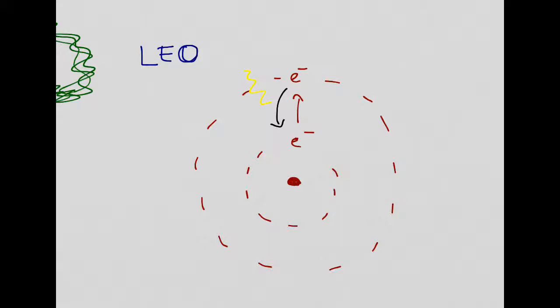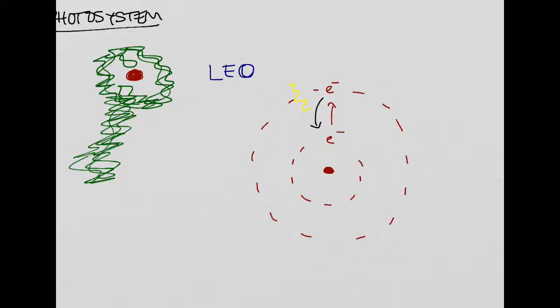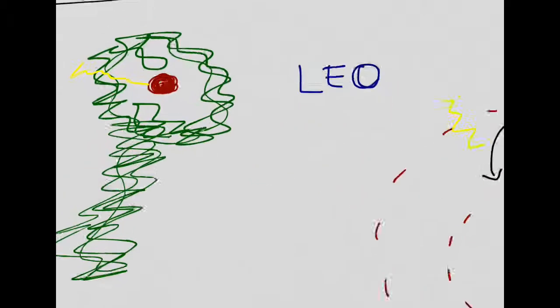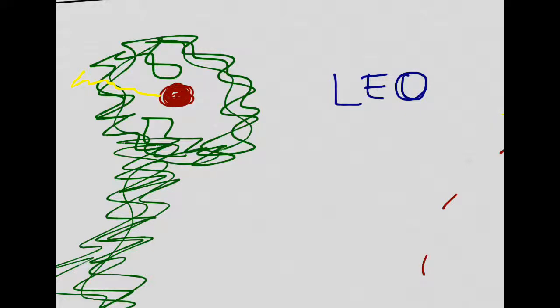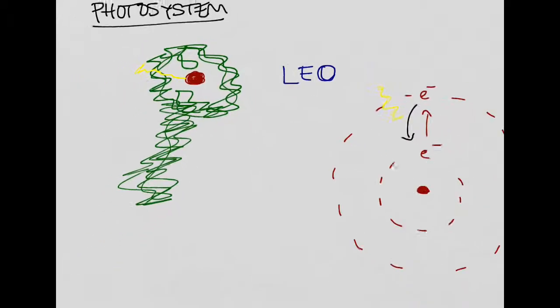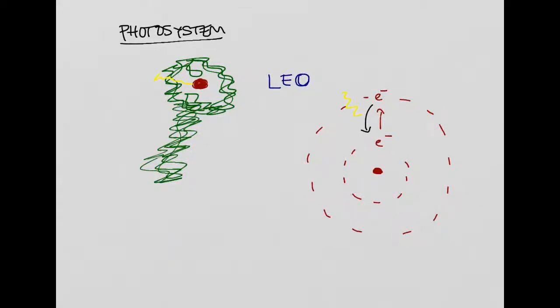Okay, so why is this important? Well, going back to our pigment molecule, light from the sun can come over and strike our metal, and this will excite an electron in our metal to a higher energy state. So we've excited an electron here, and so pigments can do this process.